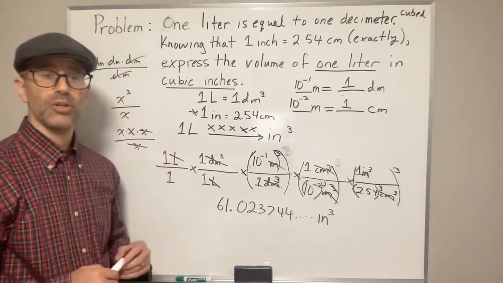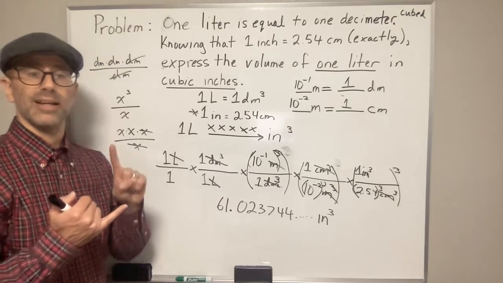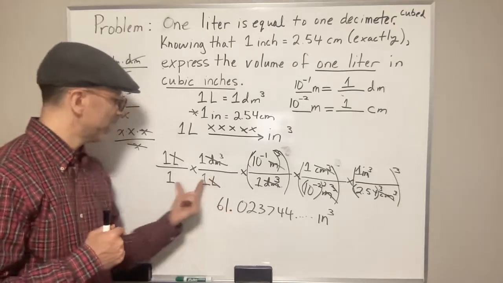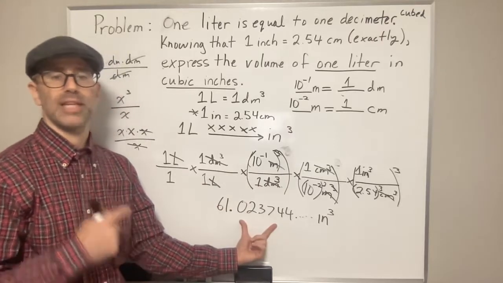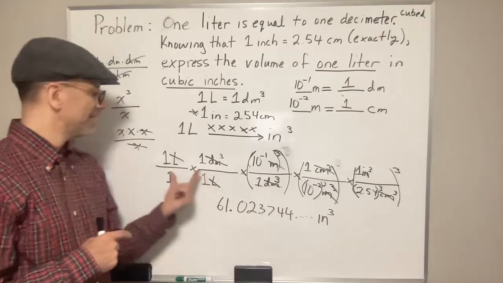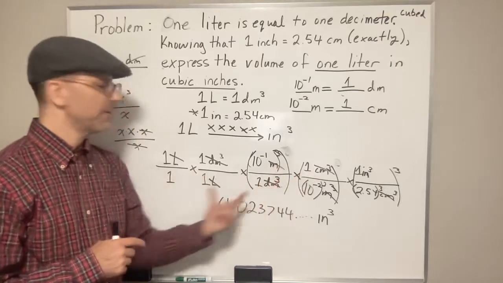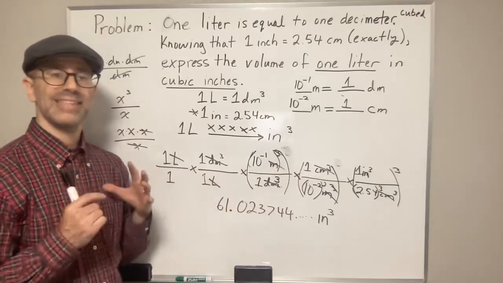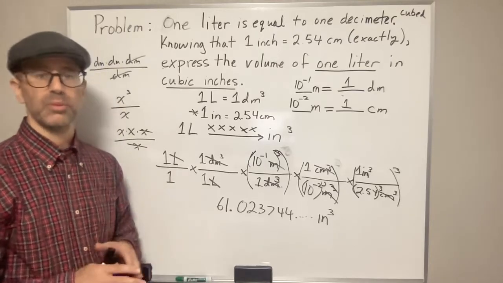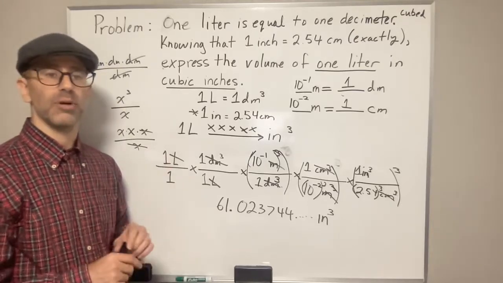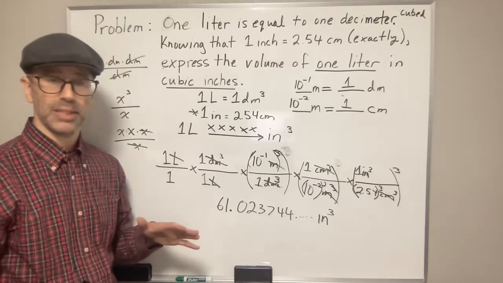Remember, the rule for sig figs is that when you're multiplying and dividing, your answer should have the same number of significant figures as the least number of sig figs you used. Now, anything that is exact is ignored, because if you have an exact relationship, then that has an infinite number of significant figures, so it's definitely not going to be the least.